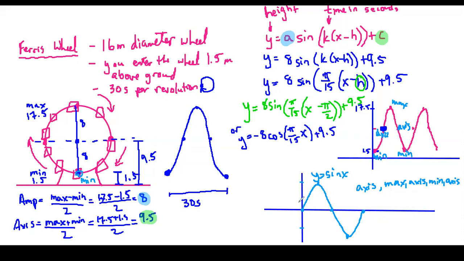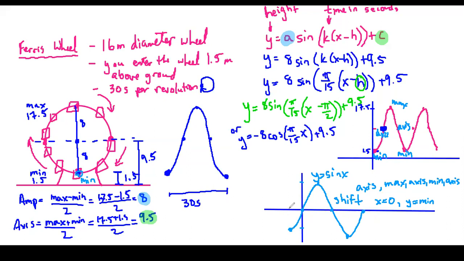So what we have to do is shift our graph, the y equals sine x, so that at x equals 0, the y is equal to the min. Well, there's a couple ways you can do that, but the easiest way is to look at, okay, when was it at the min?